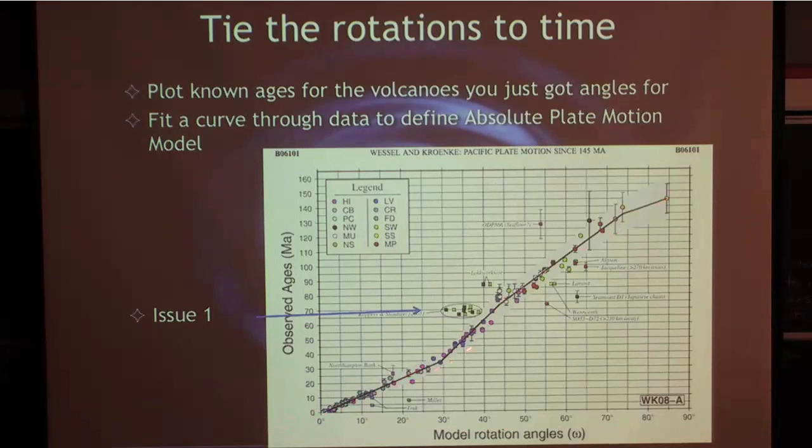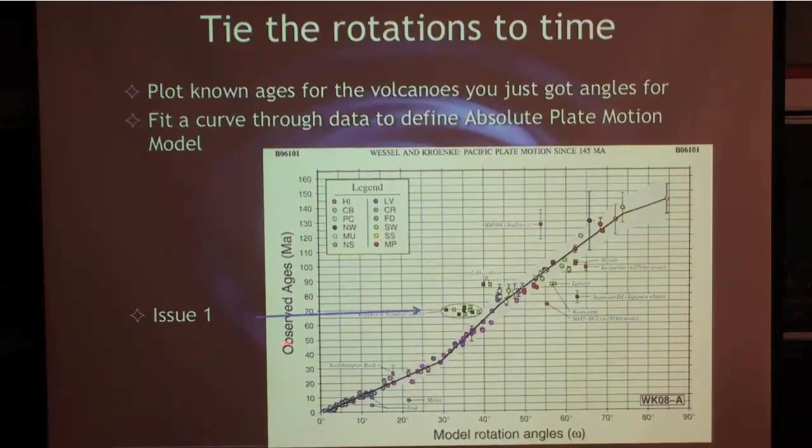These are all the different hotspots that you just saw on the previous page, in different colors, and they go back in time. You start associating ages with these dots. So the exercise becomes to fit some sort of relationship through these dots that describes how the rotations change back in time. That then gives you your plate motion model.